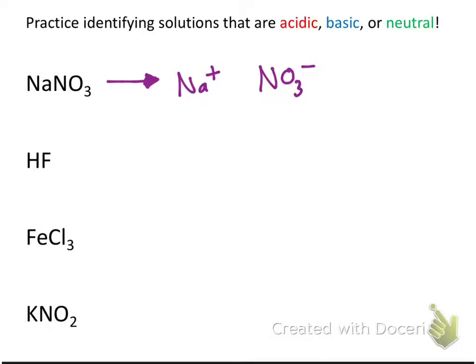We're starting with a boring one here because Na+ is a group 1 metal cation, so it's neutral. NO3-, well, it is the conjugate base of a strong acid, therefore making it negligible. Okay, nice try, but this is going to be a neutral solution.